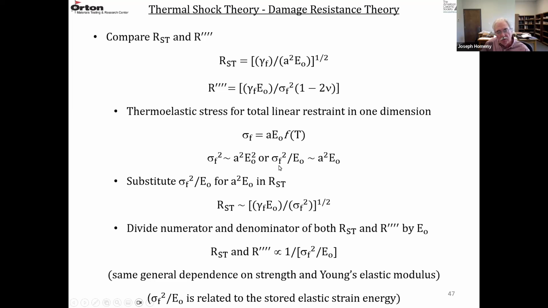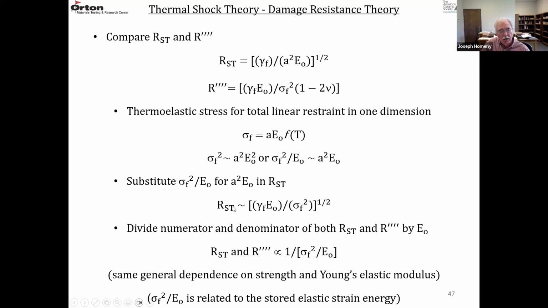Or if we just rearrange this, we can have it in terms of the strength squared divided by the elastic modulus, approximately equal to the thermal expansion coefficient squared times the elastic modulus. So we can substitute for the strength squared over E for A squared times E in the RST equation right here. So RST is approximately equal to the fracture surface energy times the elastic modulus divided by the strength squared, and that's all to the 1/2 power.